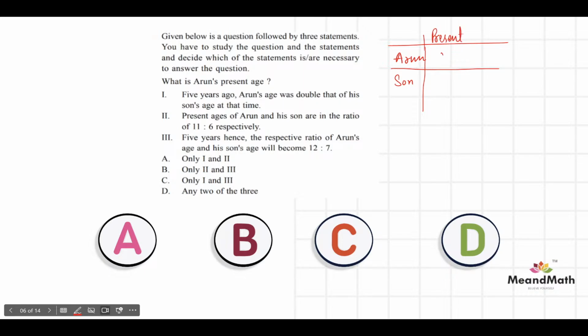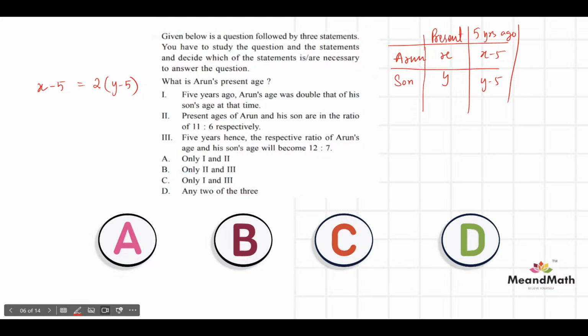If the present ages are x and y, then 5 years ago it would be x minus 5 and y minus 5, and they have added a relationship. 5 years ago, Arun's age was double the son's age. So we're going to say that x minus 5 is equal to 2 times y minus 5. Fine. It will give us our first equation.